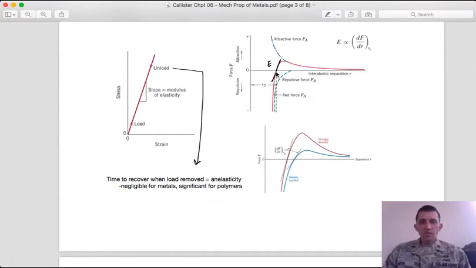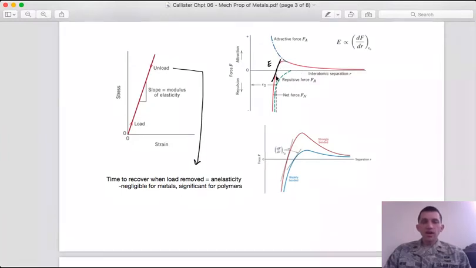And so when I pull on these, how much do they stretch? Well, it depends on the strength of the attractive force that's holding them together.